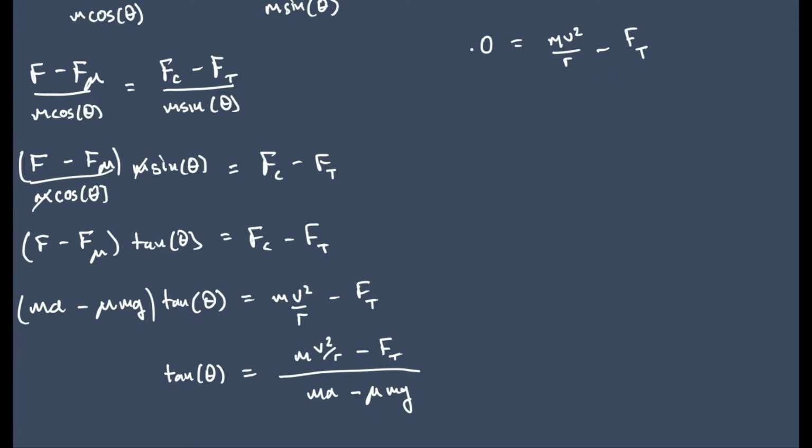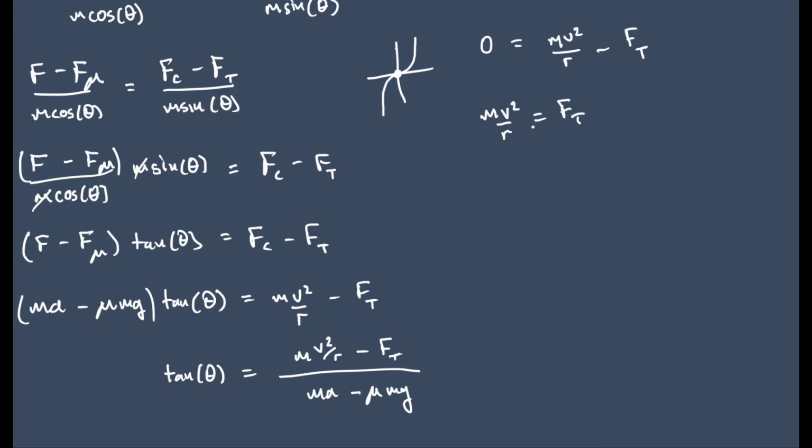Because we know that the tangent function looks something like this. Okay. And at 0, the tangent takes a value of 0. So the numerator here has to be 0. That's what I meant to say. All right. Well, mv squared over r is Ft.